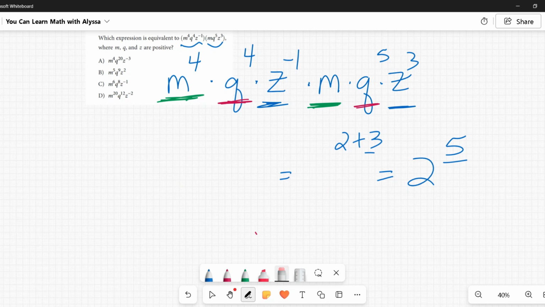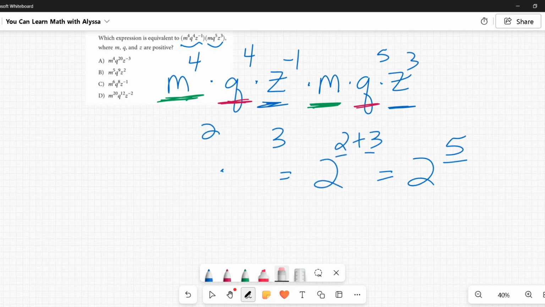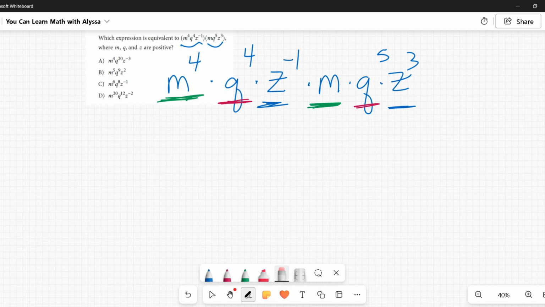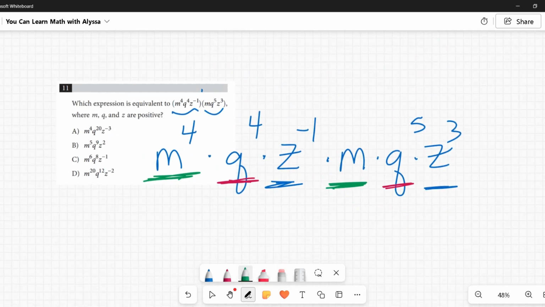The same thing works when we change the base to a variable. It does not matter. So if I say m squared times m cubed equals m to the power of 2 plus 3 equals m to the power of 5. Same difference. The only thing to be wary of is when you do not see an exponent there. There's still an m here, right?